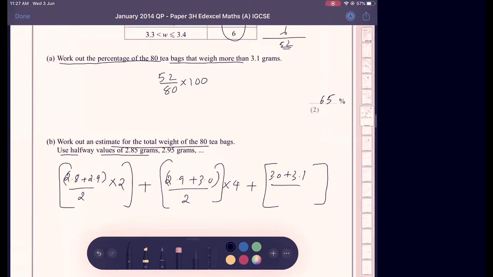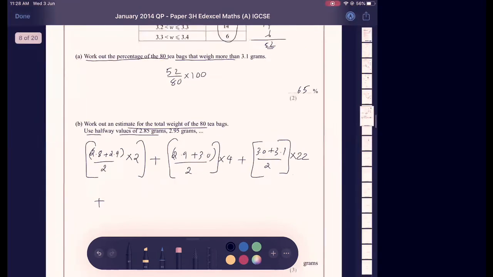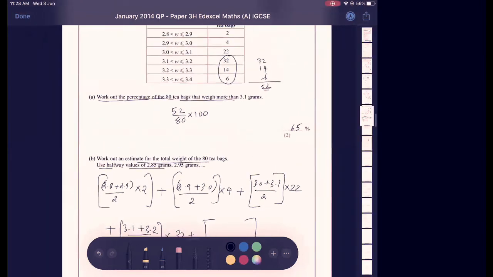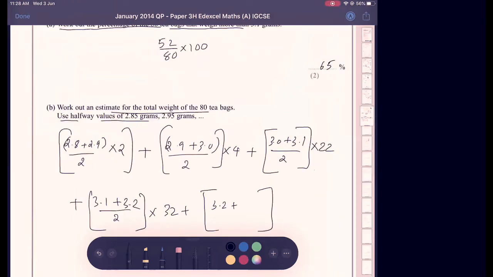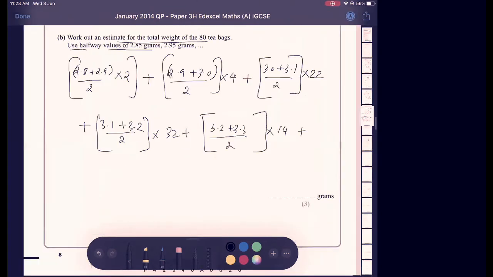Let me first complete it. Multiplied by 22 plus 3.1 plus 3.2 by 2 into 32 plus 3.2 plus 3.3 by 2 multiplied by 14 plus 3.3 plus 3.4 divided by 2 multiplied by 6.